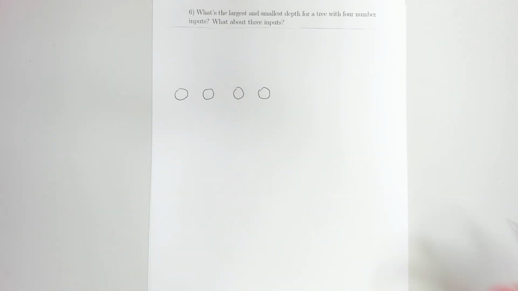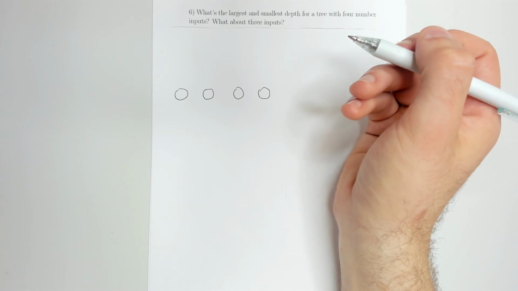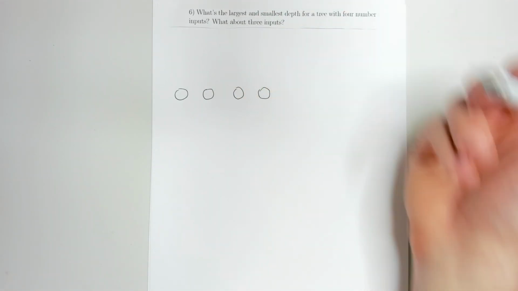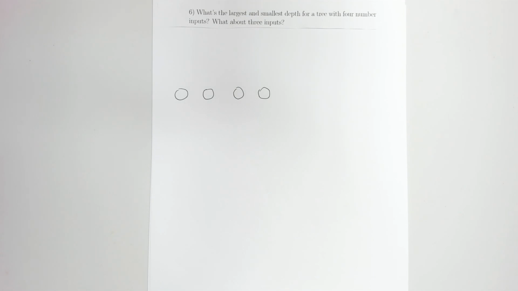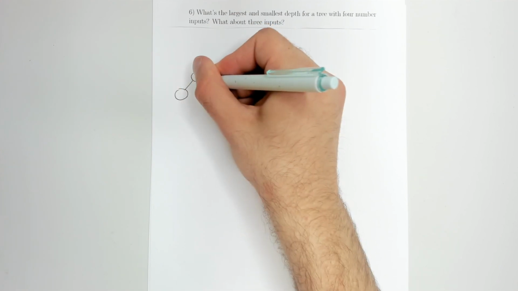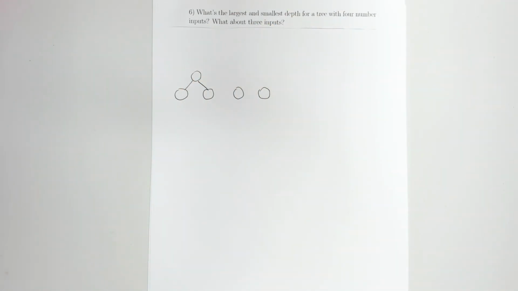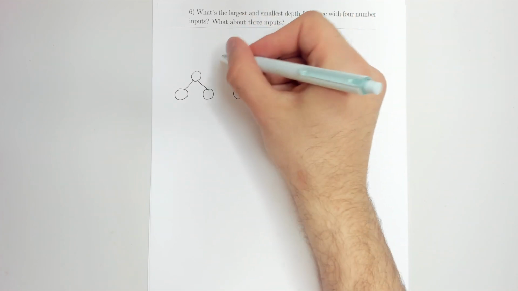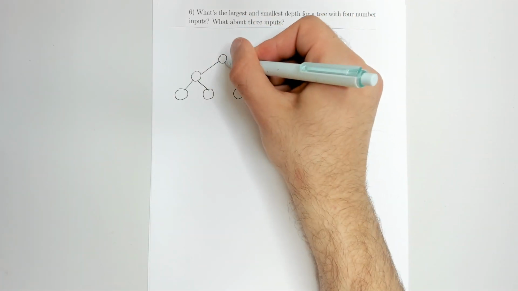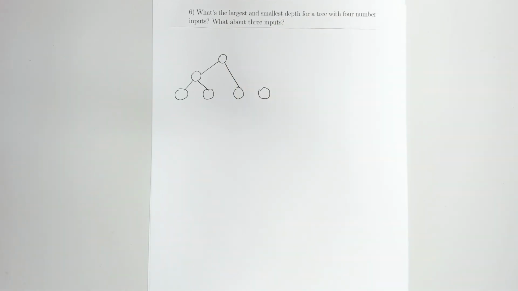So to get the largest depth, essentially the way that can occur is by only doing one operation per row, right? Because one operation per row ensures that every operation we do is expanding the depth. So if we do an operation node right here, and we combine these two, that's the only operation we're putting on that depth. And then next up, we're going to put an operation right here. Once again, that's a new operation we're putting on that depth.